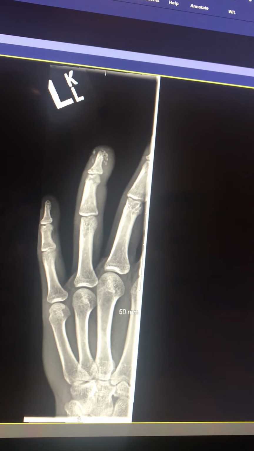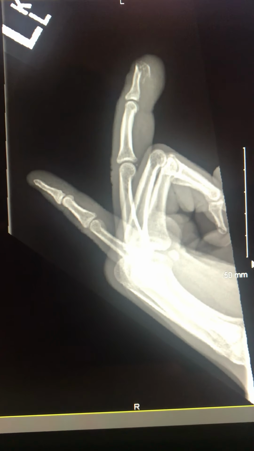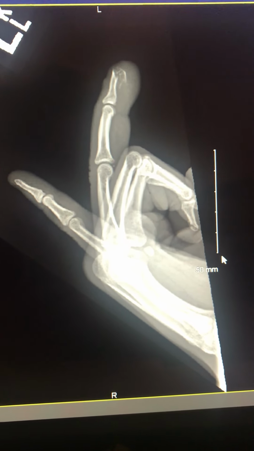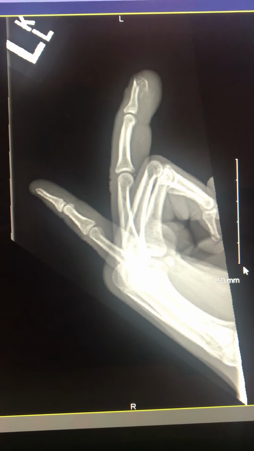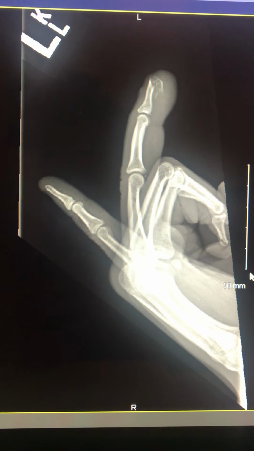Okay, let's go to the lateral. The patient rotated his hand into a true lateral.